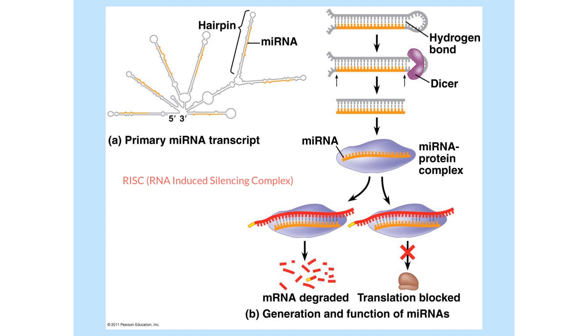The microRNA is part of the RISC complex, and it uses it to find mRNAs that have the complementary sequence. When it finds and binds to them, the RISC complex degrades those mRNAs so they can no longer be used for translation. So here's our little ribosome down here. If there's no mRNA for that gene, we're not going to get any protein.